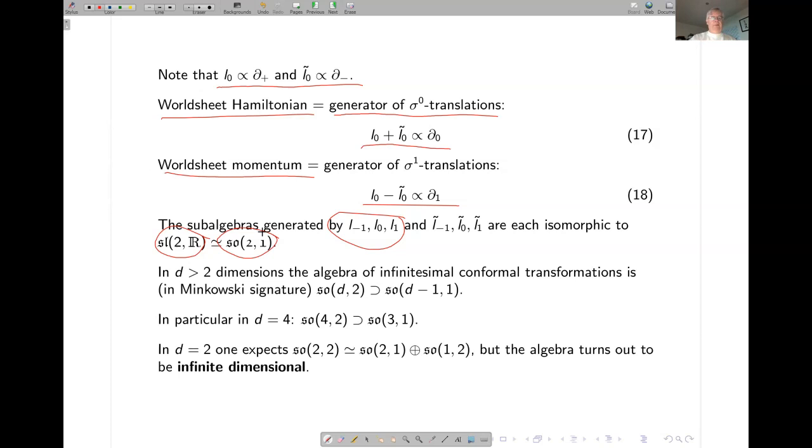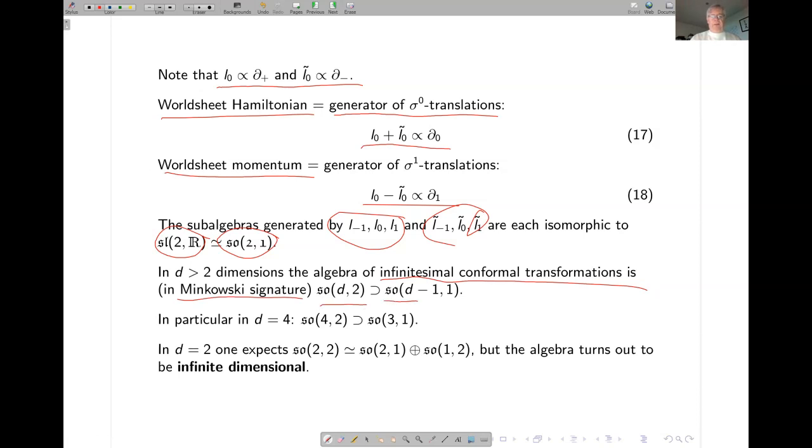So this looks like SO3 or SU2, which you know from angular momentum, except that there is a relative minus sign in the commutation relations somewhere. You can verify that this is the algebra satisfied, and we have two copies of this. Now, why is this interesting? Well, there's a general statement about what is the algebra of infinitesimal conformal transformations. And in Minkowski signature in general, it is SOD,2.